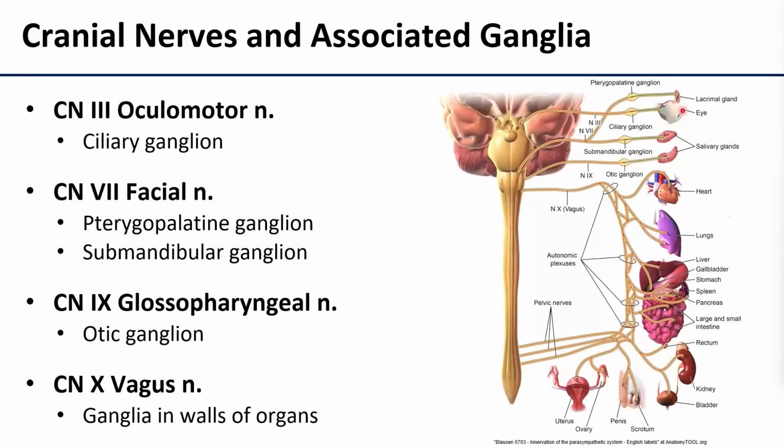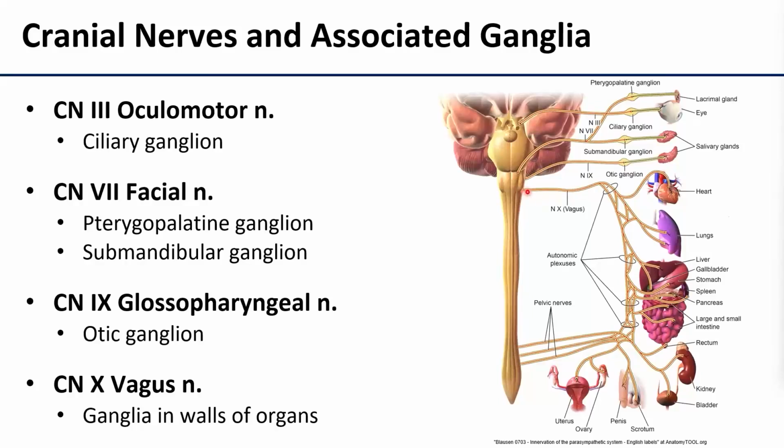The glossopharyngeal nerve is this one down here. It's cranial nerve number 9, is associated with the otic ganglion and will eventually serve another one of the salivary glands. Now, the parasympathetics traveling with vagus are a little bit different in that they don't have a big dissectable ganglion, but these are the ones that have a number of small little ganglia located in the walls of these organs.